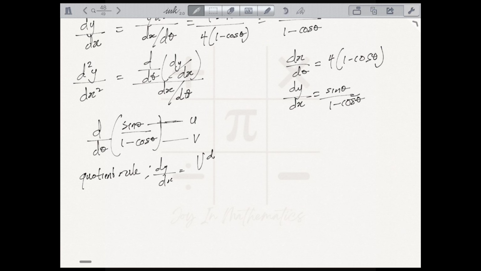Let's stick to theta. So dy/d theta is (v du/d theta minus u dv/d theta) divided by v squared.